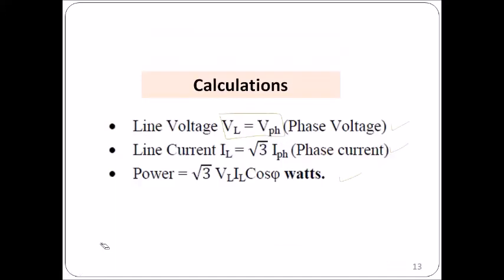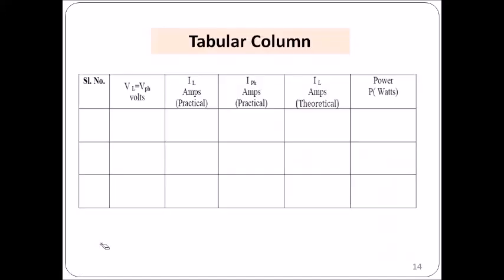So we have to follow these mathematical steps, and we have to note down the readings during the conduction of the experiment. Wherever practical is there, we have to note down the readings, and this VL we have to note down. Wherever theoretical is there, we have to calculate.